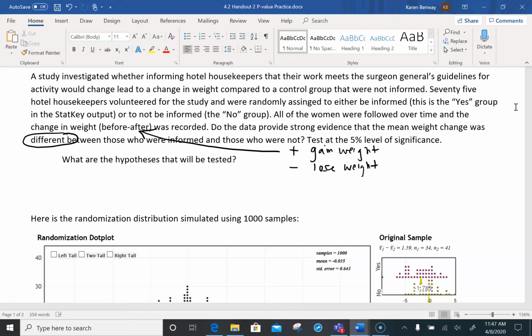Okay, so the first thing I'm going to do to formulate my hypotheses is just reflect on the type of variables I have. I have whether the woman was informed or not, which is categorical. And then I've got the weight change, which is quantitative. And so I'm going to be interested in a difference in means.